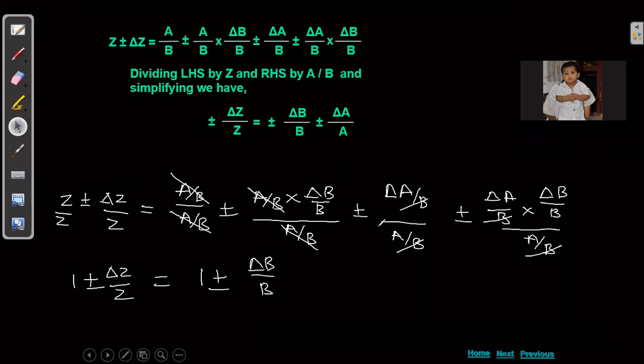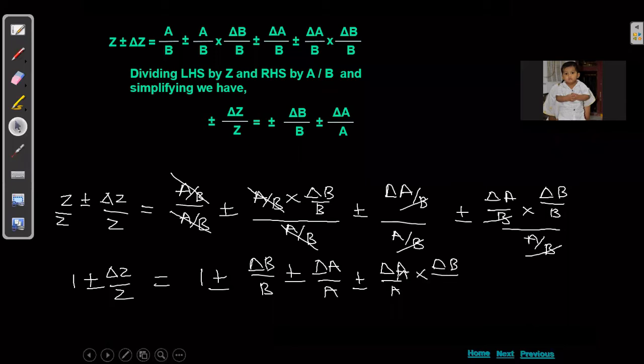Okay, this term here plus or minus delta a by a. I'll write clearly. Delta a by a. Next, plus or minus delta a by a. This a is coming to denominator here, already into delta b by b is there.